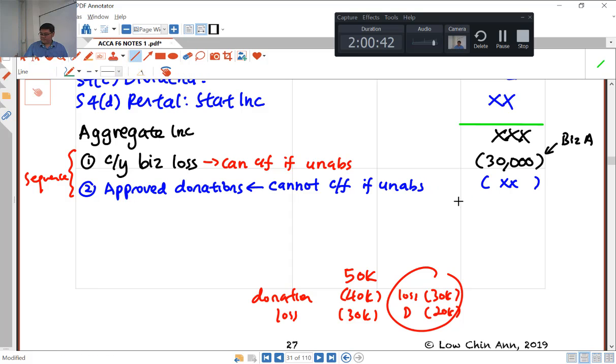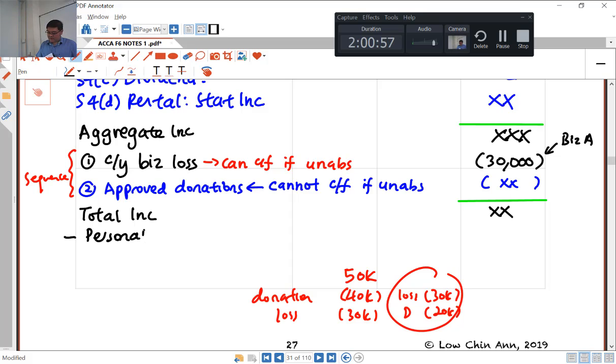Now, then we'll come to total. After total, you can claim something called personal relief.